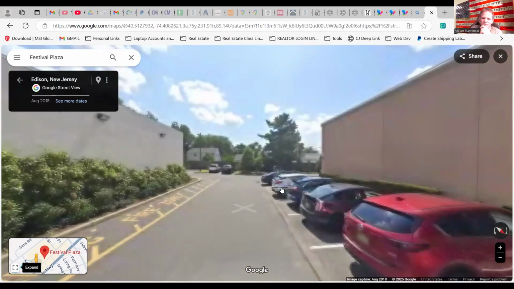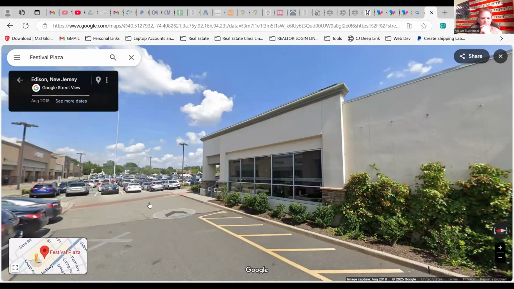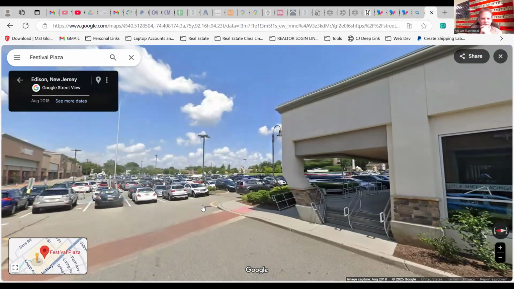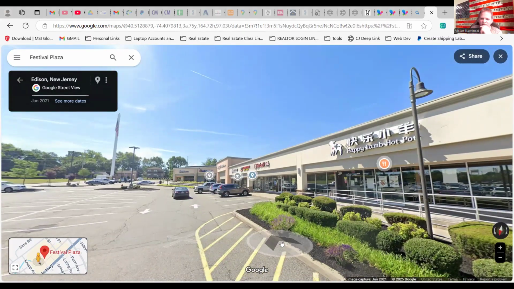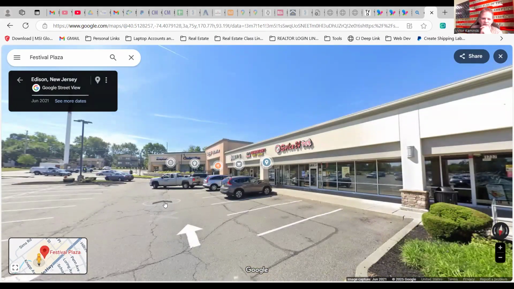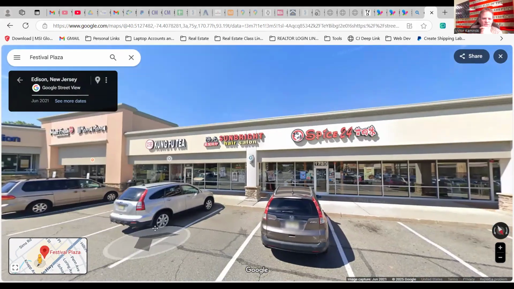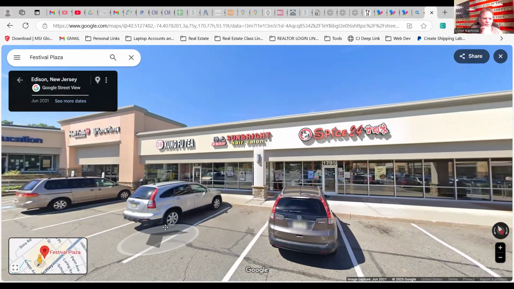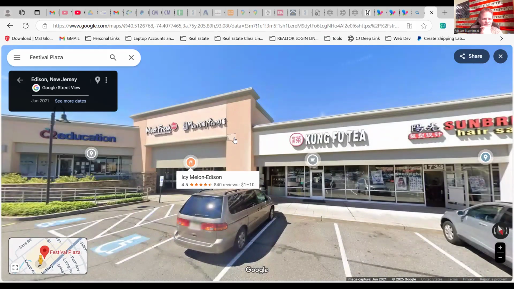We got some more stores around here. No. Okay, that's just another entrance or exit. If we go in this direction, Happy Lamb Pot. Okay, a lot of eateries it seems like they got in here, huh? Spice 24, Sunbright Hair Salon, Kung Fu Tea. Fresh meats.